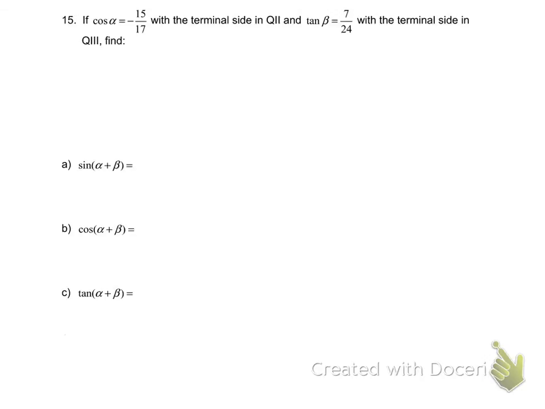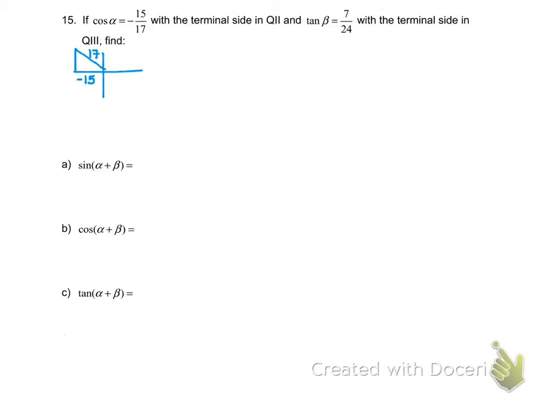Okay, so now we're going to go back to finding our reference angle in all 4 quadrants and apply the sum and difference formulas. So cosine of theta is negative 15 over 17, and it's with the terminal side in quadrant 2. So that means that we have negative 15 over 17.